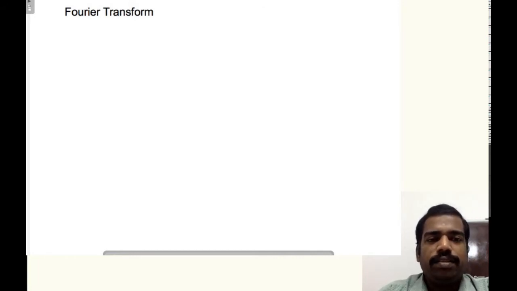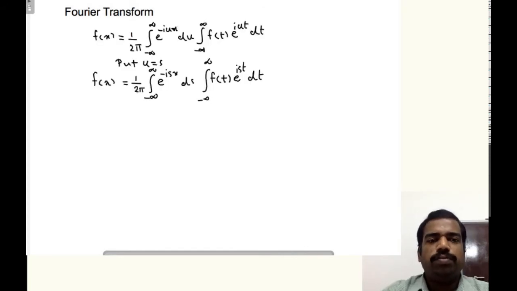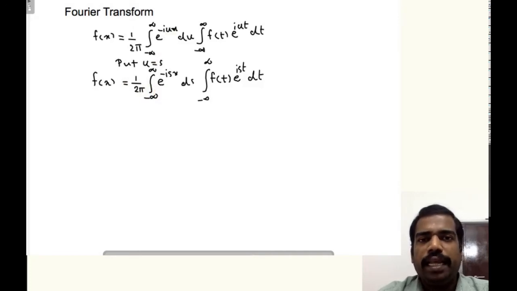Put u equal to s, so that you get f of x equal to 1 by 2 pi, integral from minus infinity to plus infinity of e raised to minus isx ds, integral from minus infinity to plus infinity of f of t e raised to ist dt. This is the Fourier integral of a function f of x.